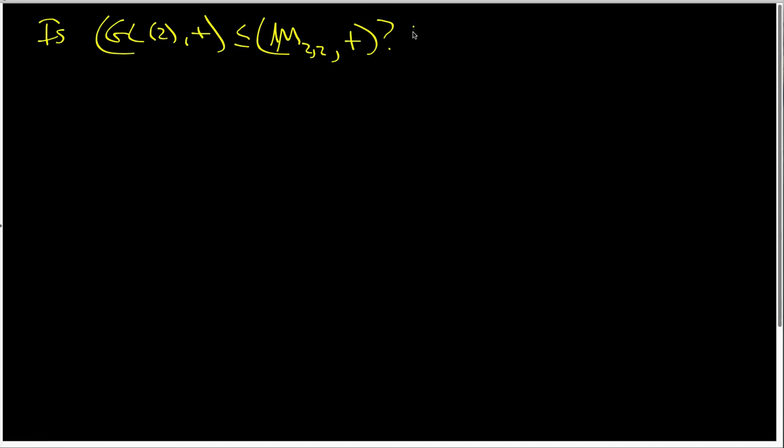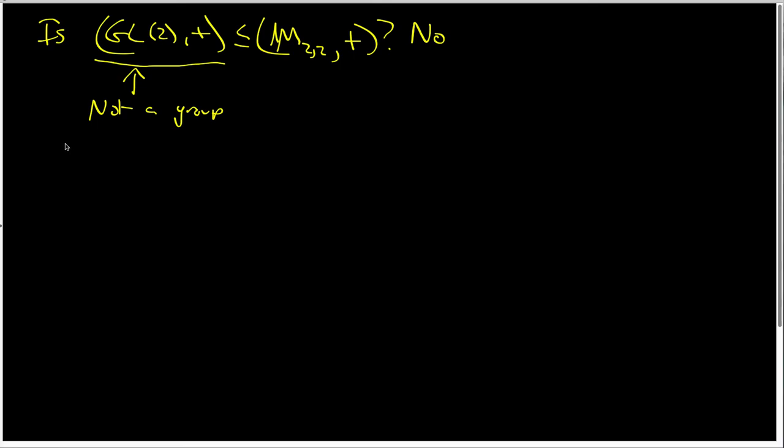Finally, with these matrix groups, I can ask the question, is GL2 under plus a subgroup of M22 under plus? And the answer to this one is also going to be no, and it's because GL2 under plus is not a group.